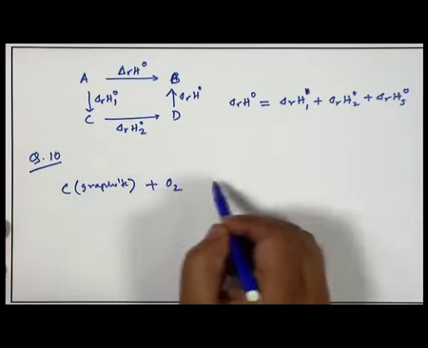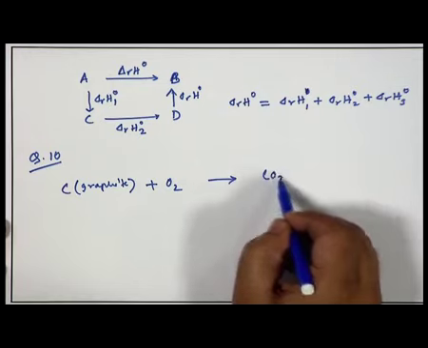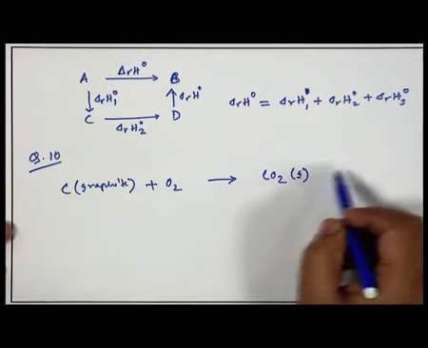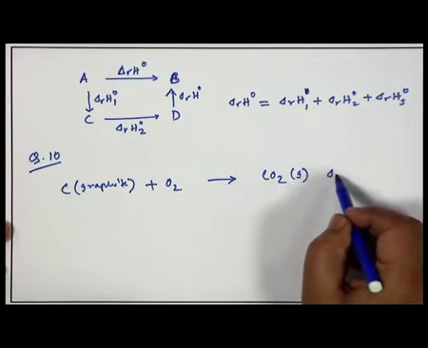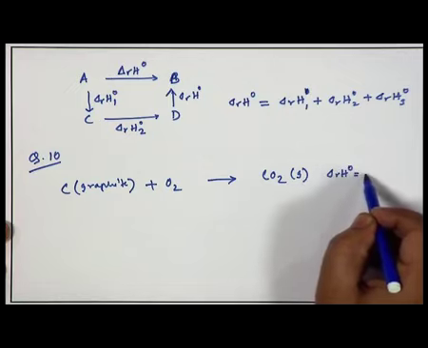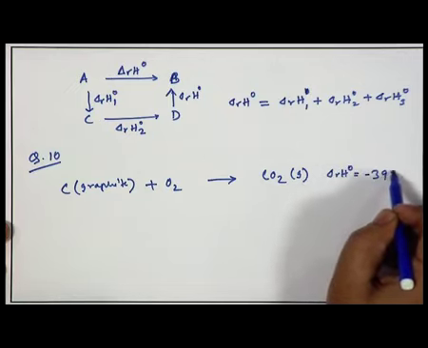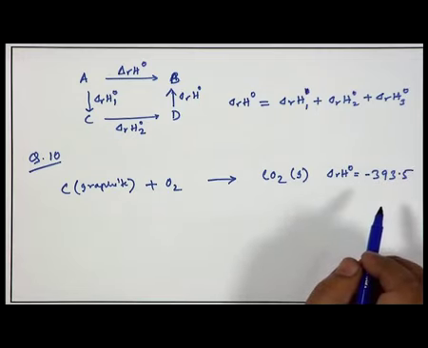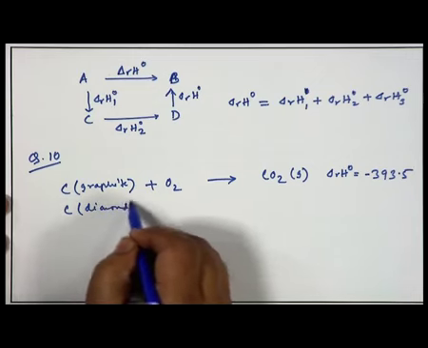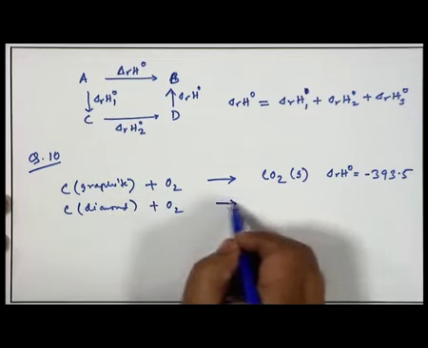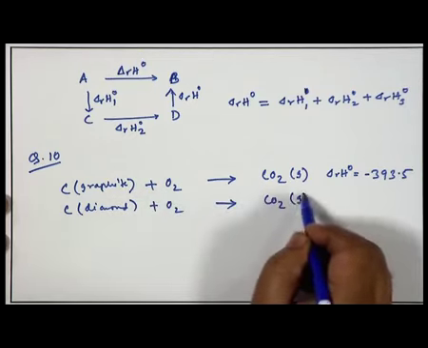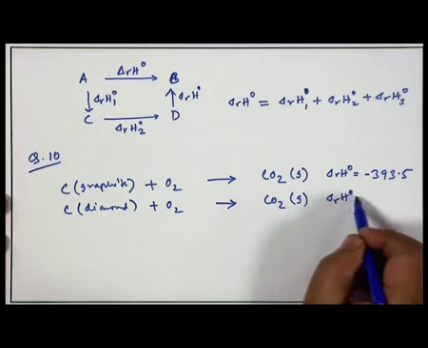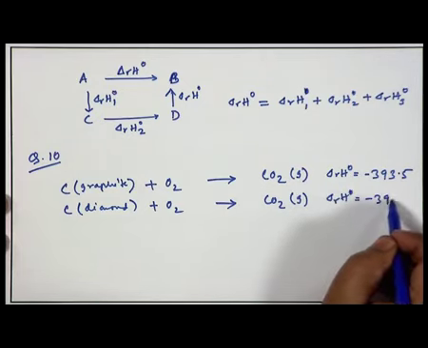I am not writing the unit one more time. And that of diamond is 395, so C diamond combustion reaction, delta H 0 is minus 395.4.